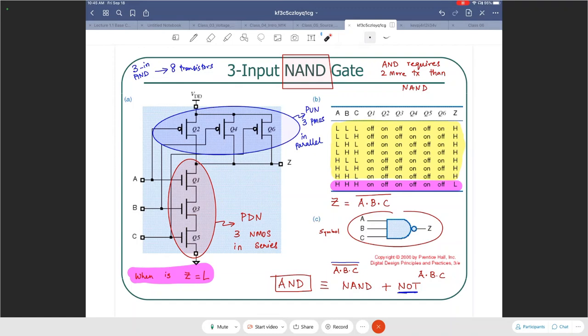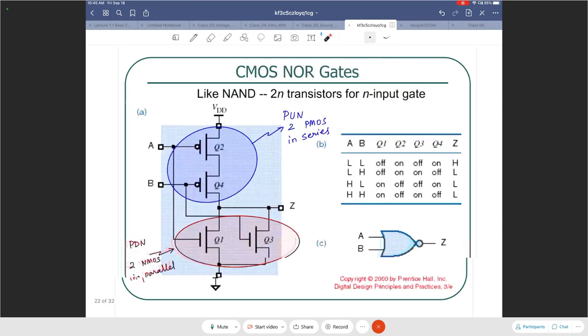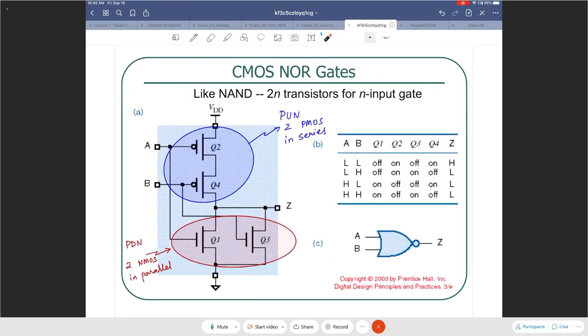Now for NOR, one of the paths should be connected. So you have 2 paths being offered to go to ground, right? So in this case, you can ask the question, when is Z going to be high? Well, the only way Z can read high is when both Q2 and Q4 are on.